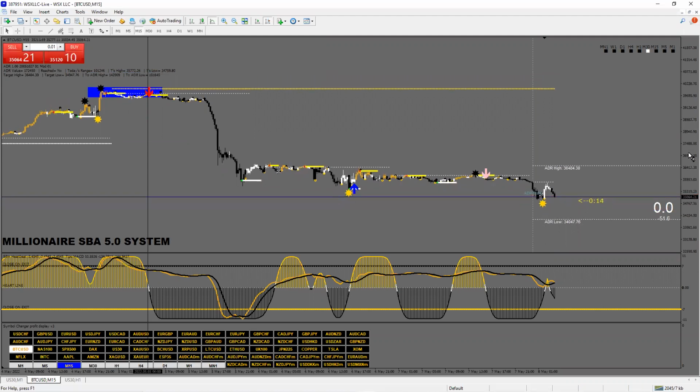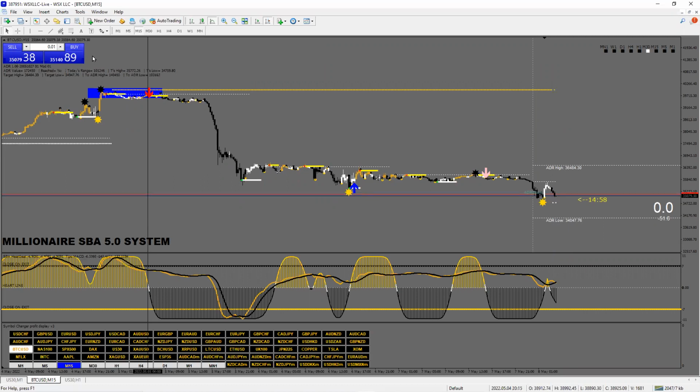Another thing that I want to show you. Somebody asked me on Messenger earlier, how do I activate this right here on the corner? You see this arrow up on top? When you click on that, it will toggle it out, and when you click on it again it comes back. Everything on MT4 is pretty much toggled on and off.